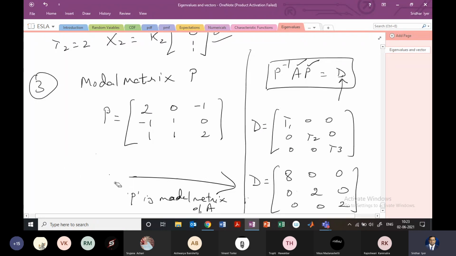The moment we find the eigenvalues in the first step, we already know the diagonal, that means we already know the RHS. Then we are already given the matrix A. Once you find the eigenvectors, you know the value of P by noting down those eigenvectors in column form.